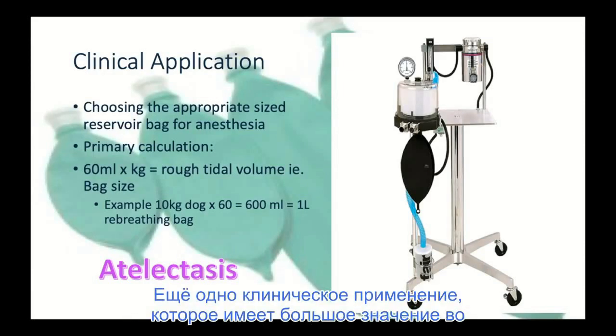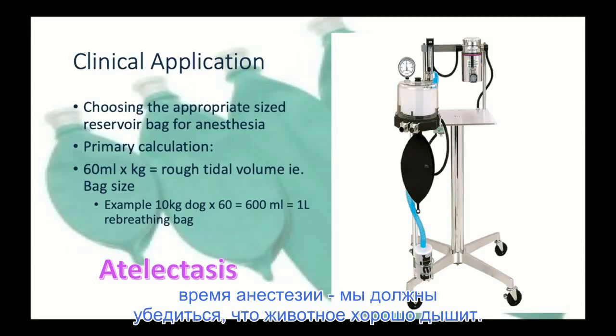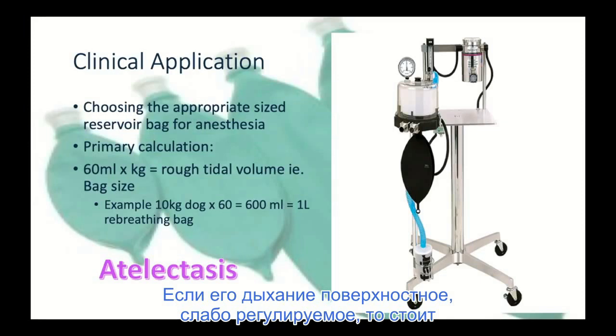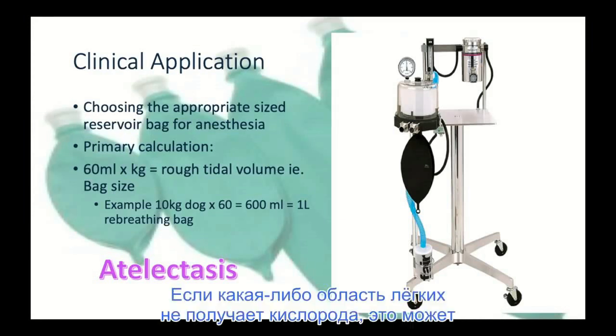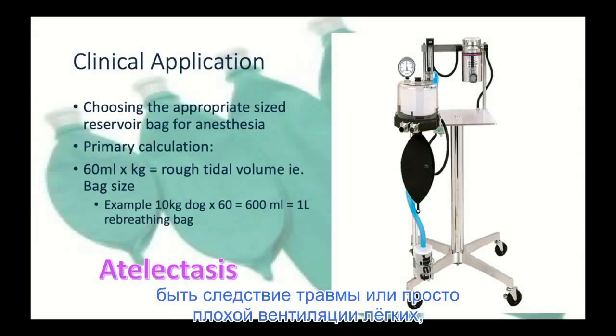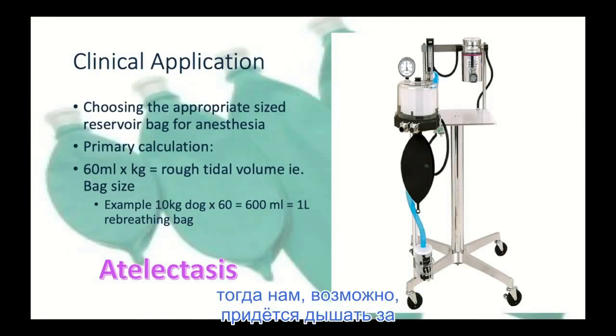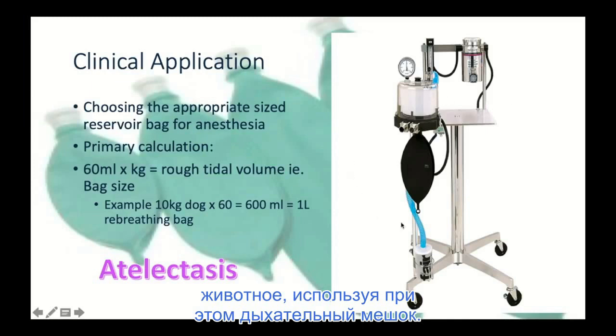Now also, another clinical application that's really important during anesthetic, we have to ensure that the animal is breathing well. If they're taking very shallow, very poorly regulated breaths, then we worry that oxygen may not make its way to all of the alveoli within the lungs. If there's an area that's not receiving oxygen, and it could be because of trauma, or it could just be because the animal is not ventilating very well, then we might need to breathe for them using our reservoir bag.